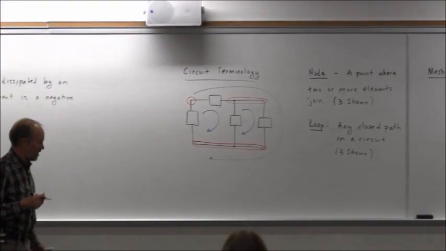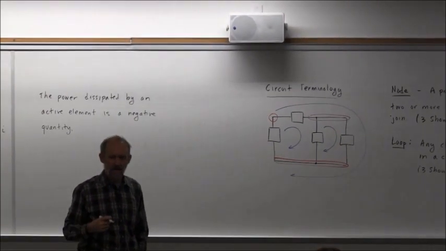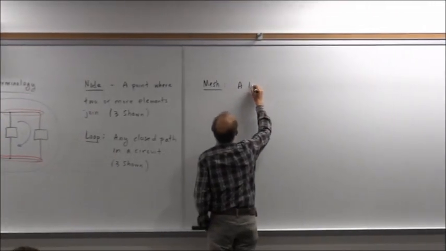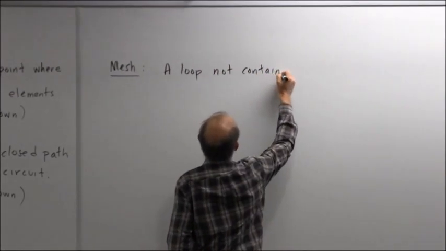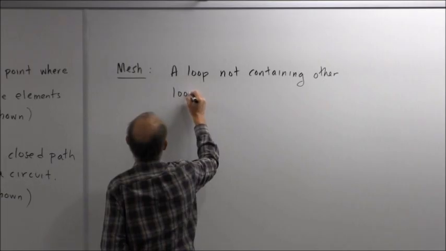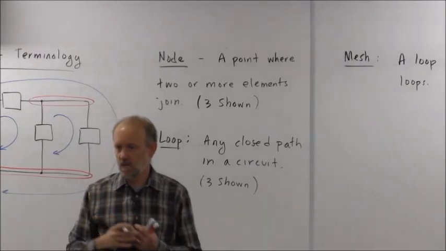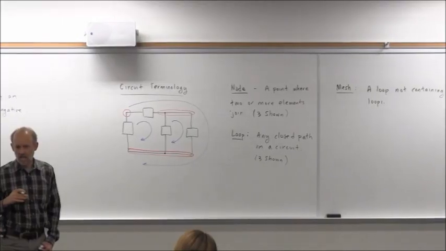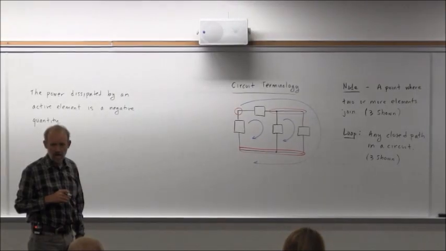So for lack of a better definition, I would describe a mesh as a loop not containing other loops. Another perspective, you could view that as panes of glass in a window. The various panes would represent where the meshes are going to be flowing. So in this example, how many meshes are there? Yeah, just 2.